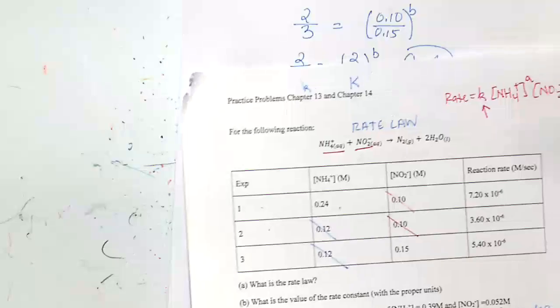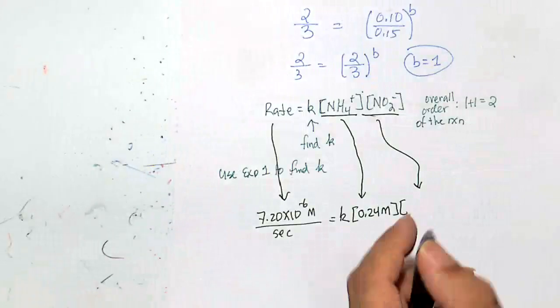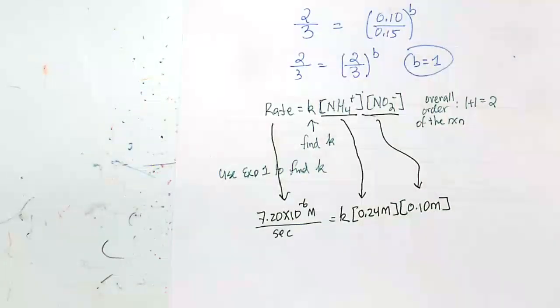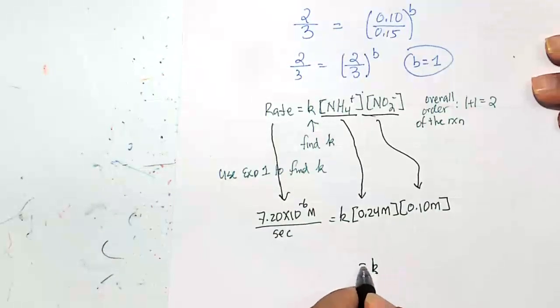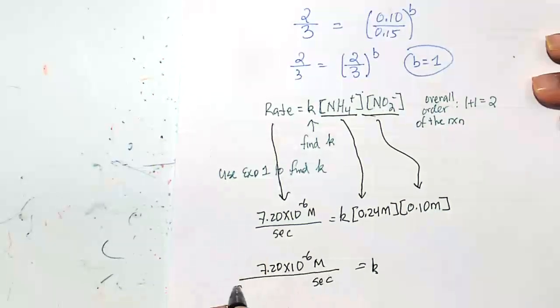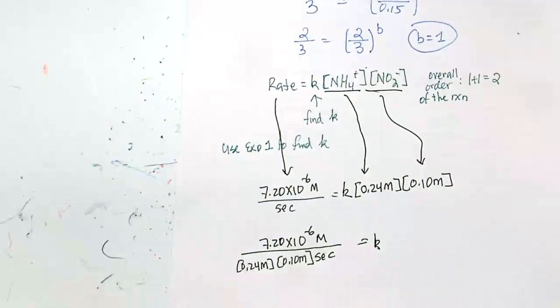And what is NO2 for experiment 1? It's 0.10 molar raised to what power? 1. Okay. So K is going to equal 7.20 times 10 to the minus 6 molar over second divided by 0.24 m times 0.10 m. Okay, just isolating K, solving for K.